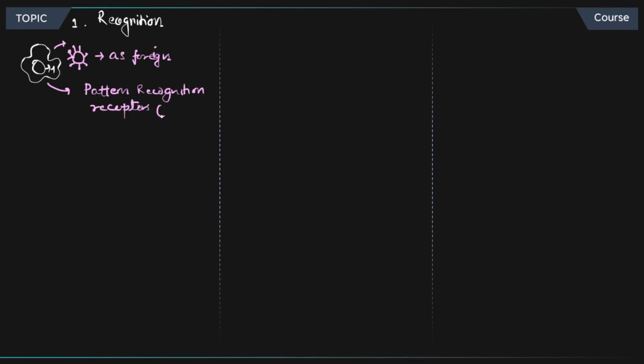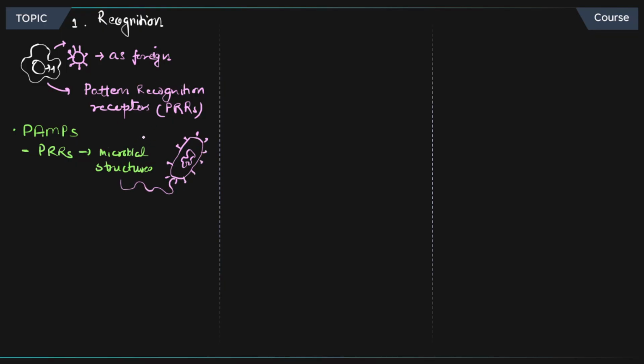In brackets, PRRs. Now, PRRs will detect molecules called PAMPs, pathogen-associated molecular patterns. So PRRs will detect microbial structures. PAMPs are the microbial structures, right? So let's assume this is the bacteria, and you can see flagella is there. You can see surface molecules are there.